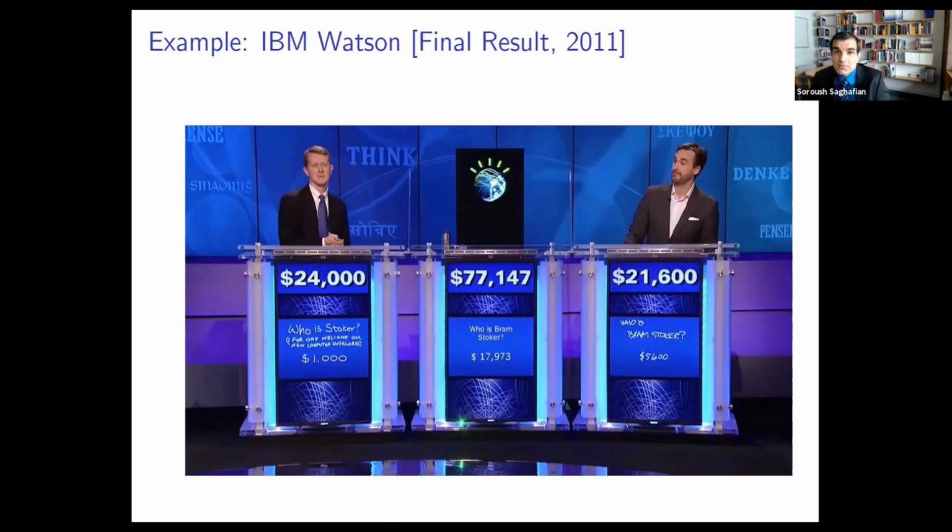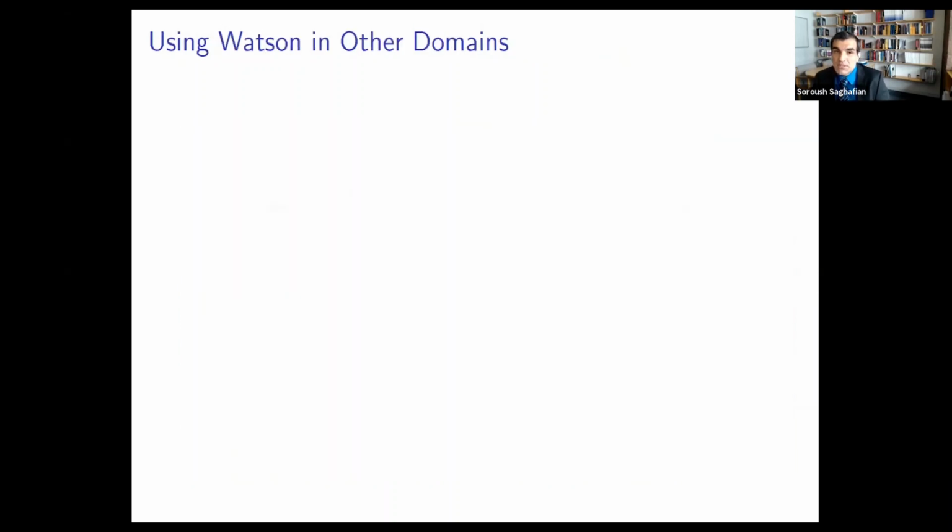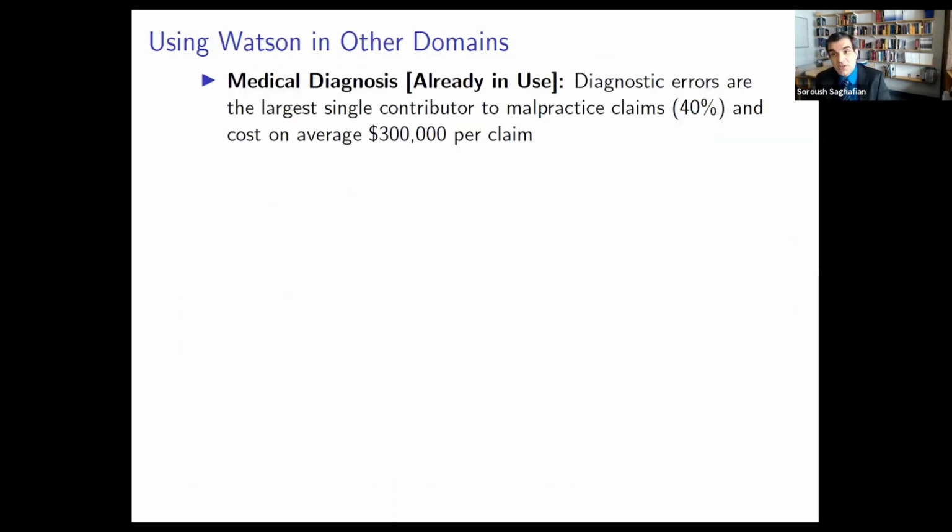Now, why do I mention this example? Well, it's because IBM Watson is changing a lot of different things, not just the game of Jeopardy. It's reducing the healthcare expenditure in the US by a lot. It's contributing to reducing malpractices, which is a huge part of the healthcare expenditure.